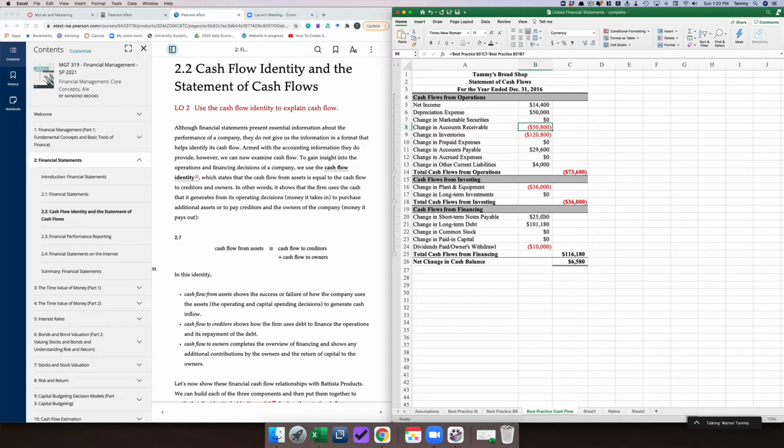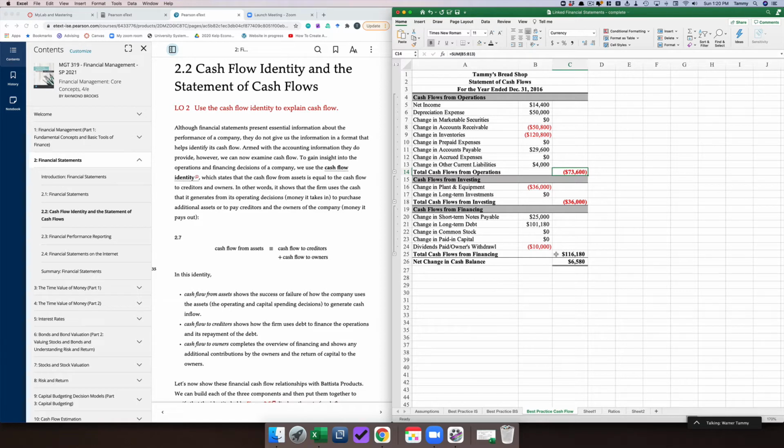And then cash flows from financing talks about how you acquire the money to finance your operations other than just via operations. Right? So in this case, we took out a short-term note payable and we took in $101,000 in long-term debt, which was used to cover this operating cash flow deficit. Okay.